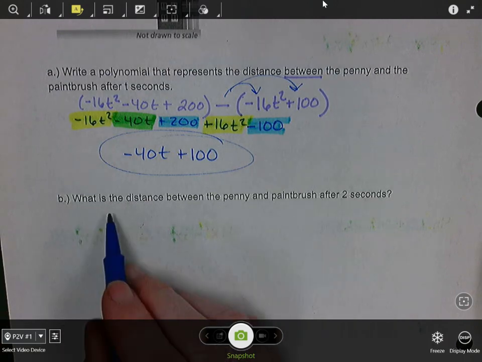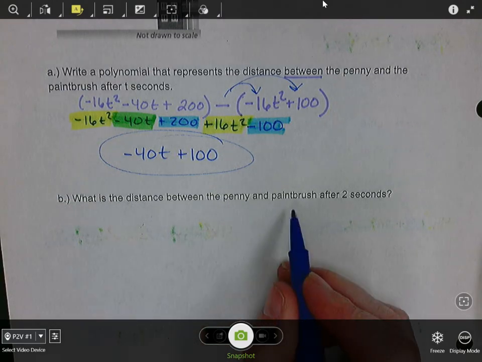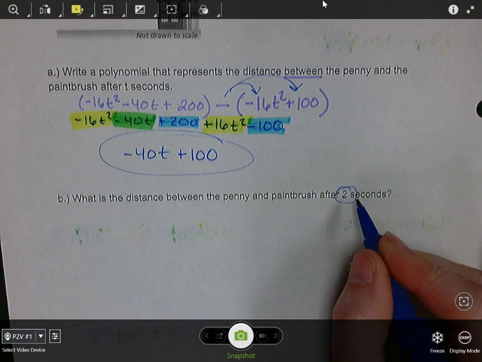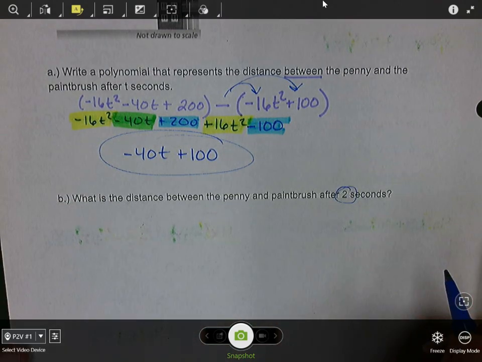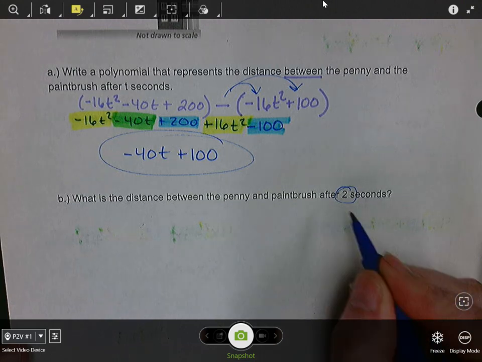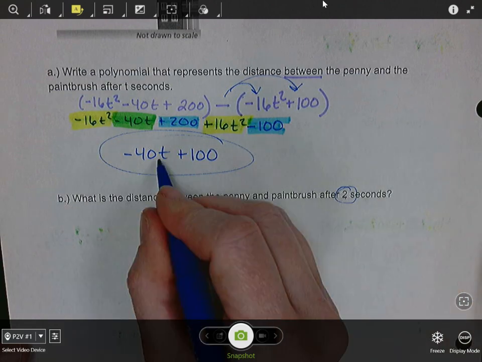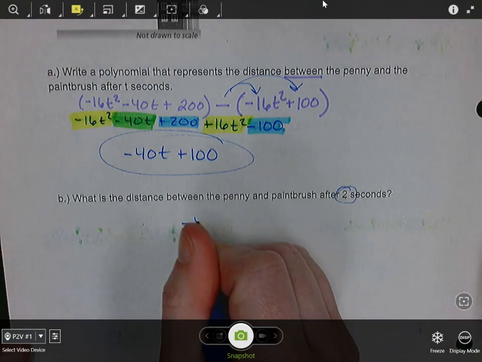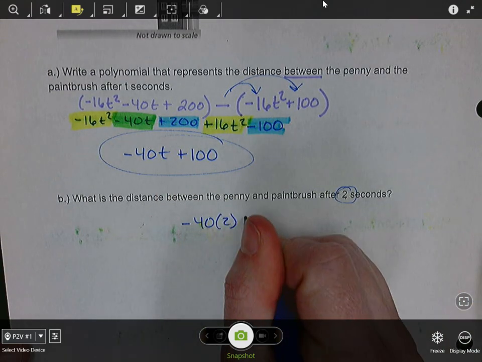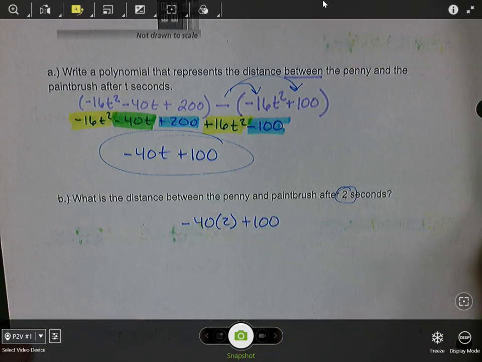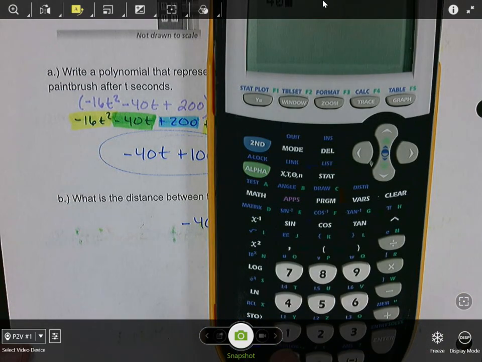So part B says, what is the distance between the penny and the paintbrush after 2 seconds? How am I going to find that out? What am I going to do? Ooh, good job using the word substitute. So 2, we're going to substitute it in for t. So do negative 40 times 2 plus 100. Negative 80.